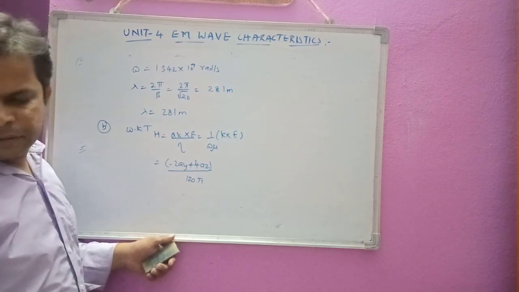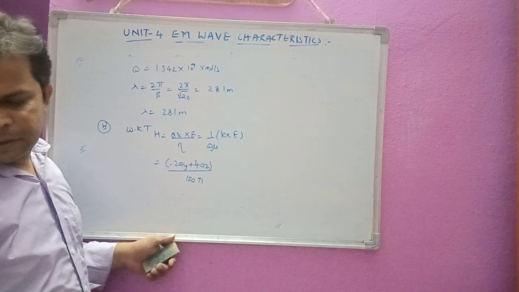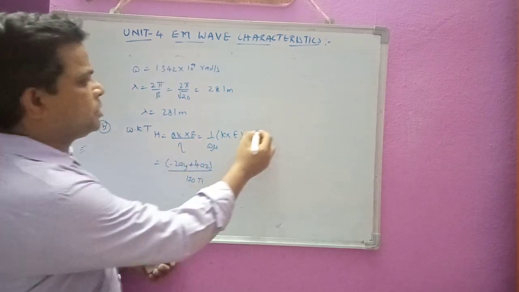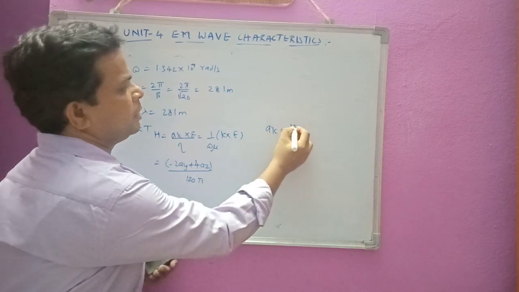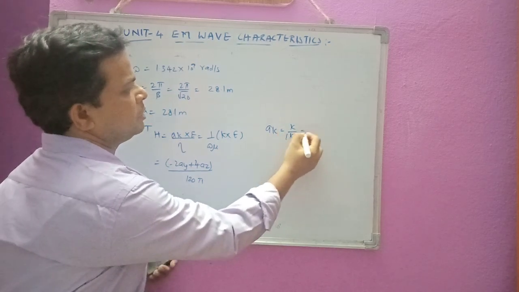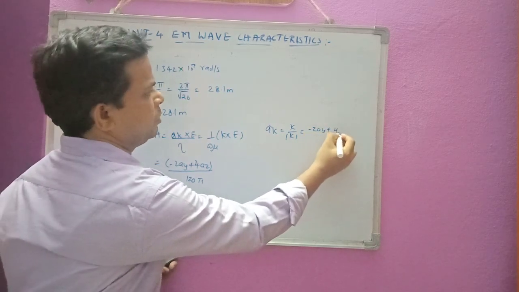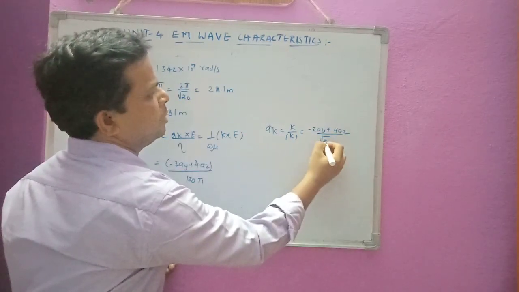Here we have to write AK, which means k by mod k, that is minus 2AY plus 4AZ by root 20.